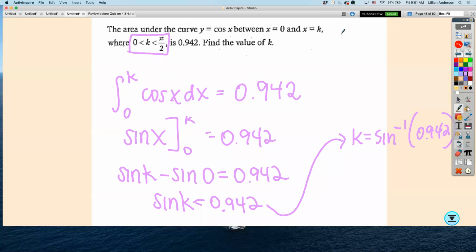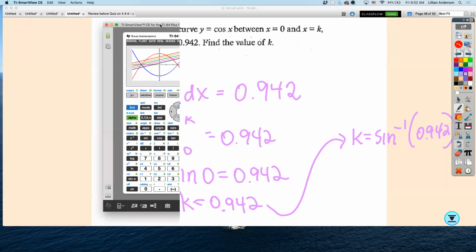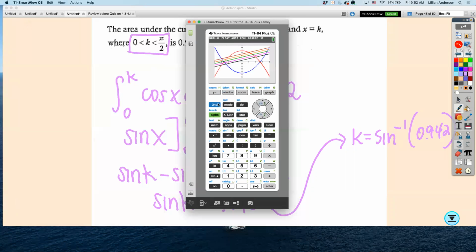Real quick, there is a way to do integration on your calculator, which would be helpful, not necessarily for this problem, but that last problem where we set up that general expression to find the area. We just didn't actually work it out. In your calculator, in our home screen, we wanted to go to math, and then we wanted to go down to option 9, okay?